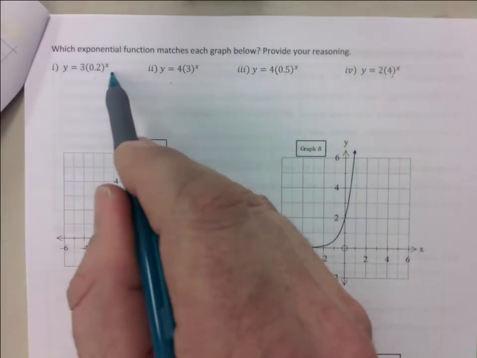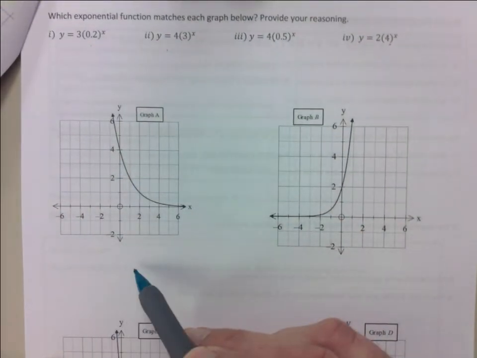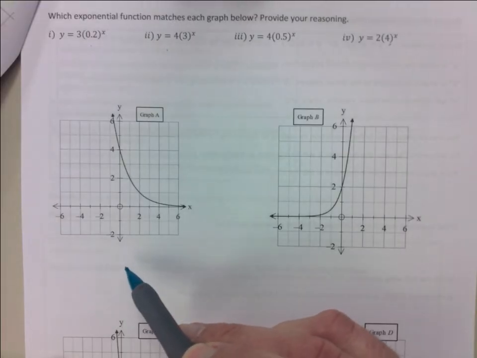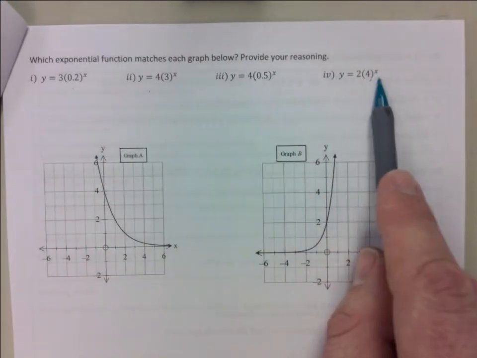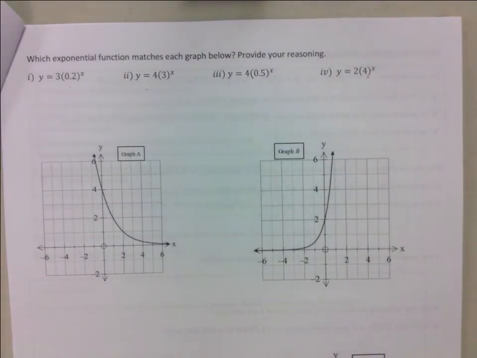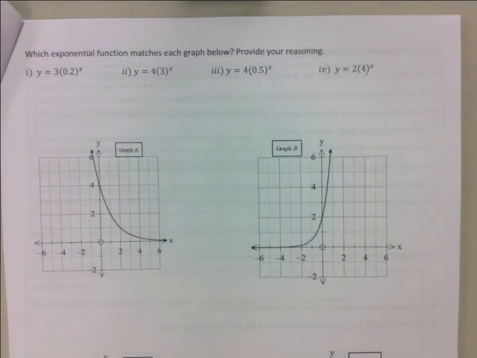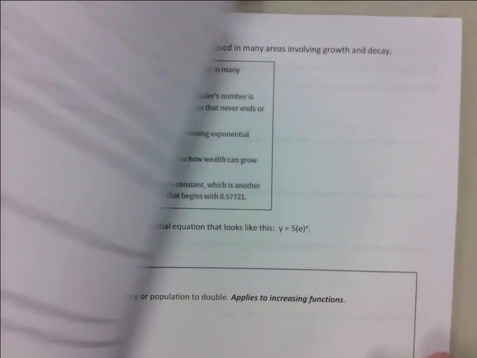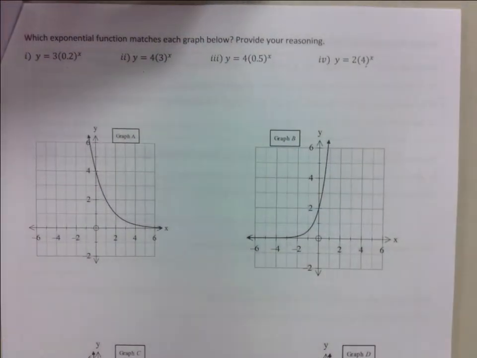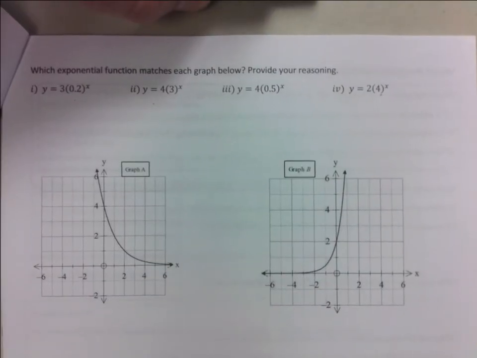I want you to actually write down the equation underneath the graph. Okay? So match all 4 to the graphs, knowing things, right? So figure out your y-intercepts. You know what increasing and decreasing looks like, right? So can you take a moment to match those? And then I want to start word problems.